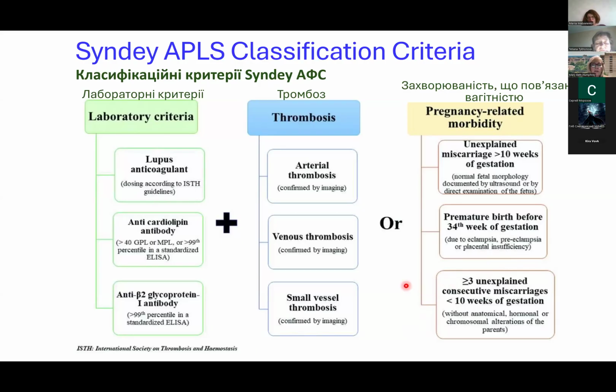It's not uncommon for women to have multiple miscarriages in the first trimester, but usually they're not consecutive, and they may have a normal pregnancy in between some of the miscarriages. So this is 3 or more unexplained consecutive miscarriages.